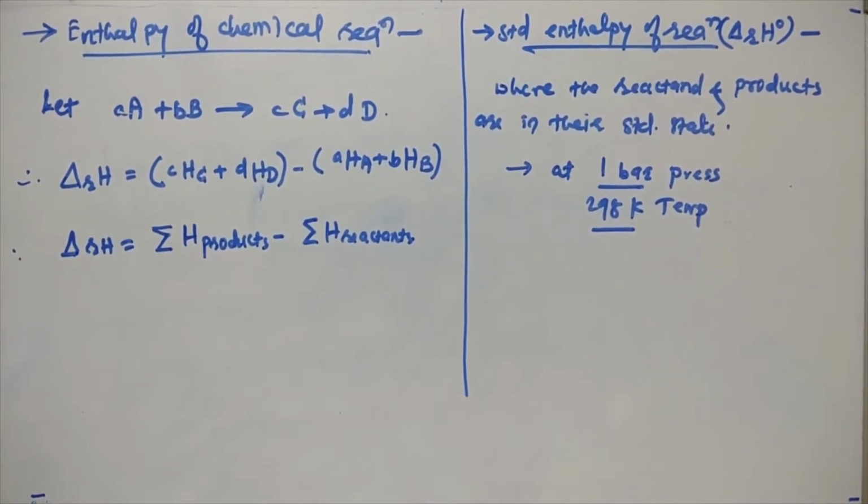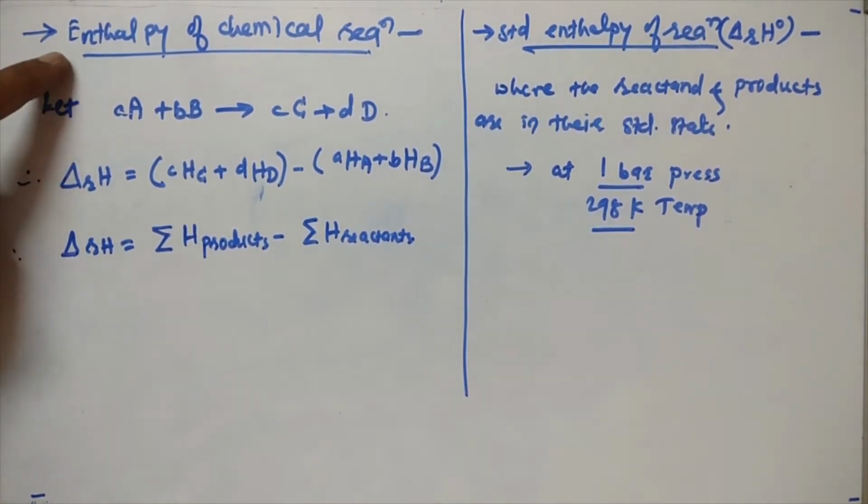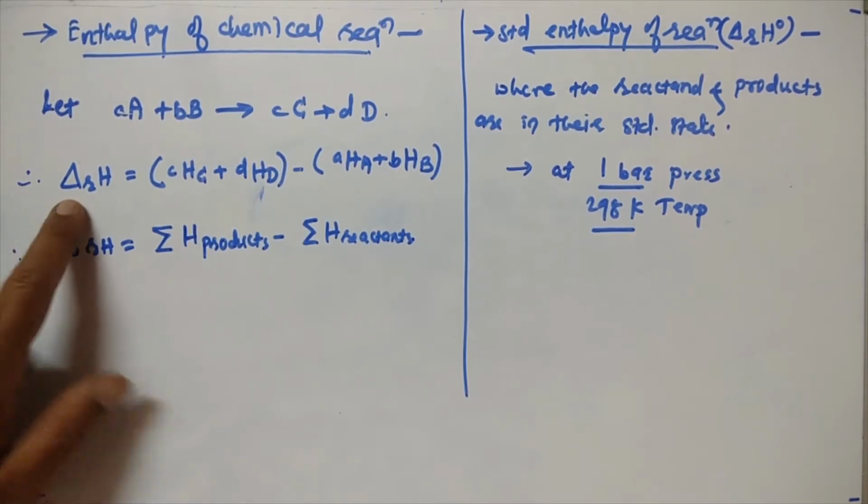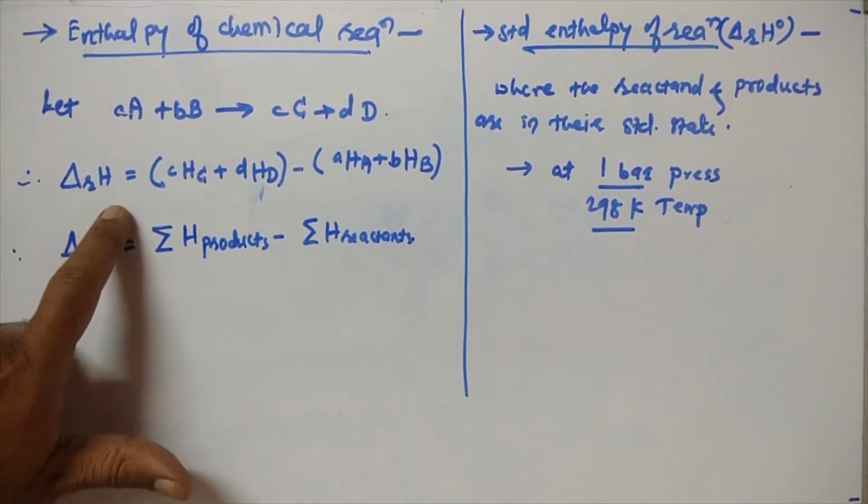Now see, enthalpy of a chemical reaction. Basically it is the difference between the sum of the enthalpies of the reactants and products. Enthalpy of a chemical reaction is represented by delta rH.